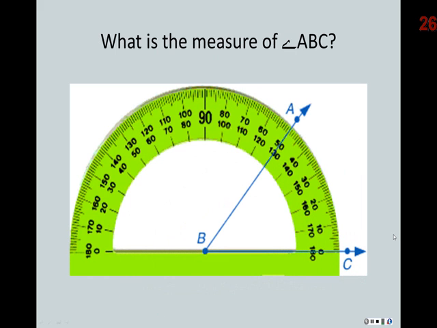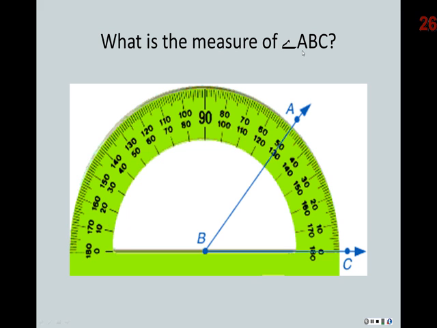Okay, now, I'd like you to read this protractor. I've lined it up. The way we label the angle is angle A, B, C. I could also say that this is angle C, B, A. So there's two ways I could say this angle. Notice I have a little angle symbol in front of it.